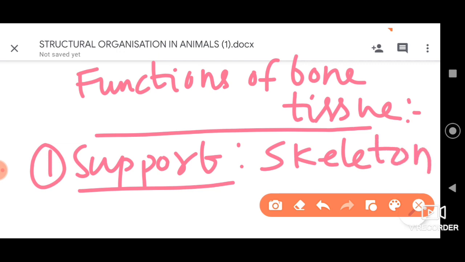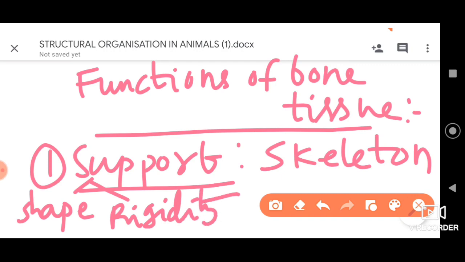It provides firstly the shape and secondly the rigidity to the body. It is also important for the attachment of skeletal muscles. If they have to attach, support is needed, so that is in the form of bone tissue. So that is the first function.